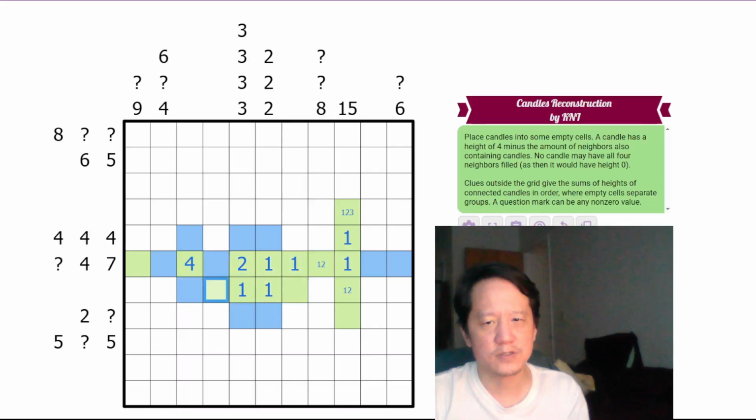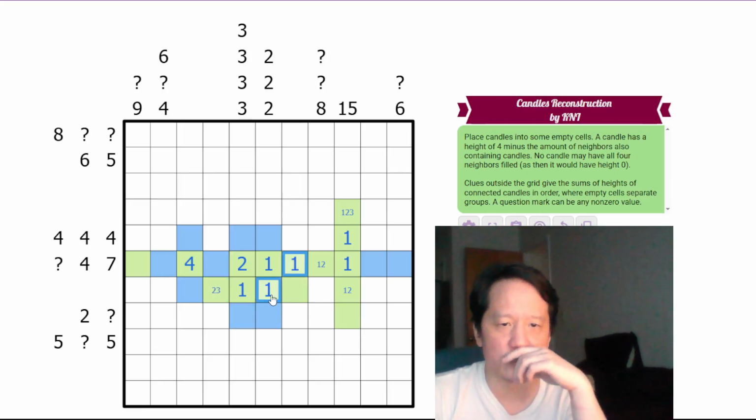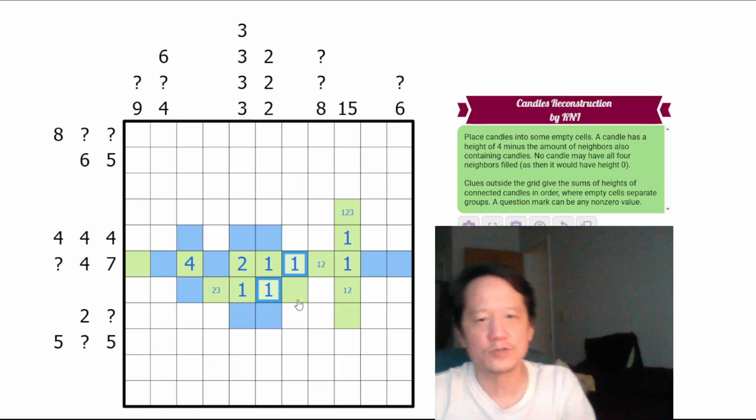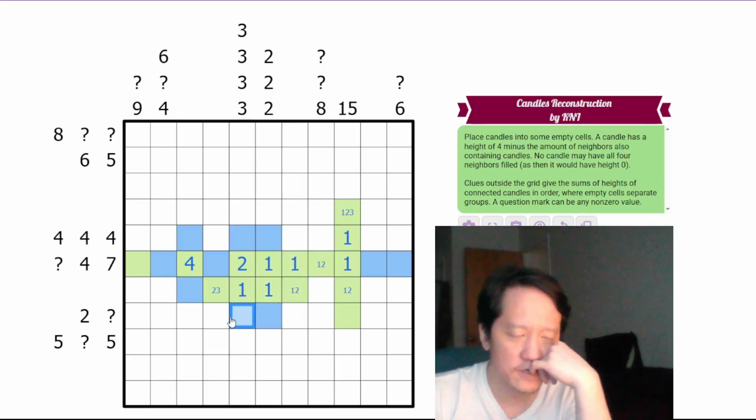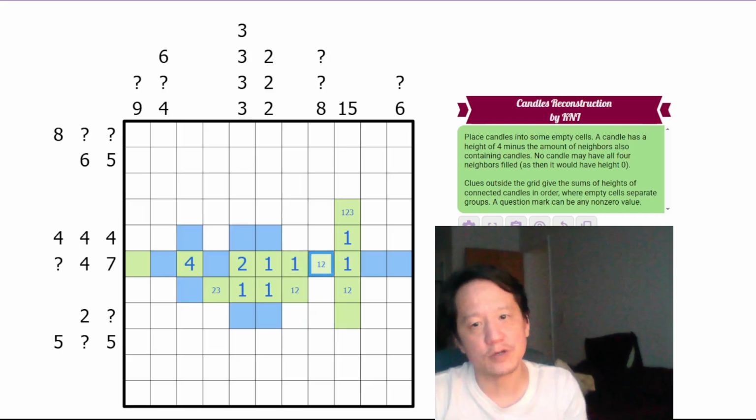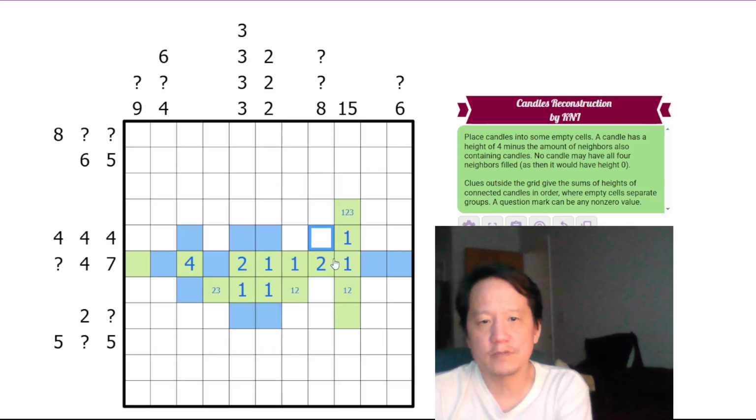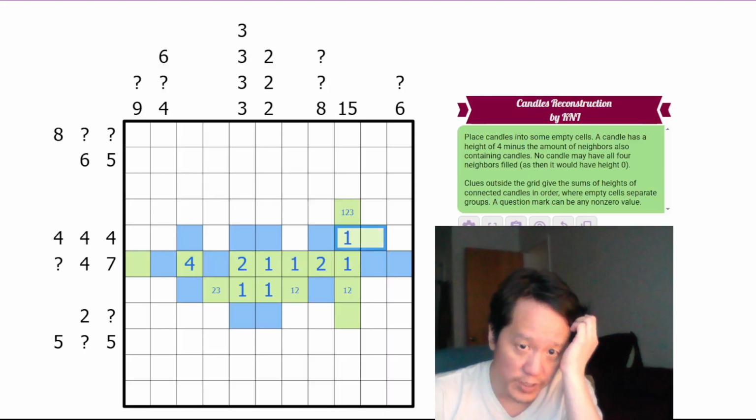This is 2 or 3 here. This has 2 neighbors with candles, so it's 1 or 2 there. And therefore this must be 2 here, which means we have 2 neighbors with candles and 2 neighbors without. So then this must be blue, this is blue there. So this must go green that way.